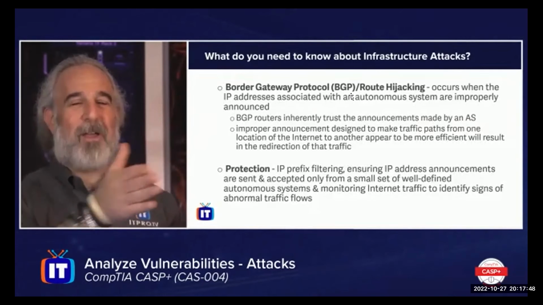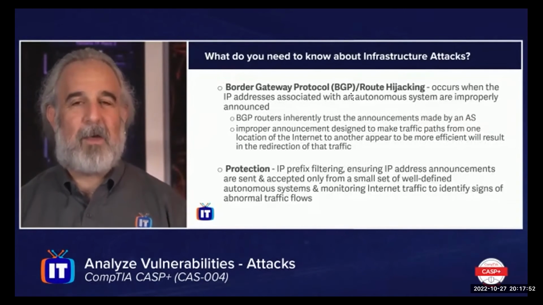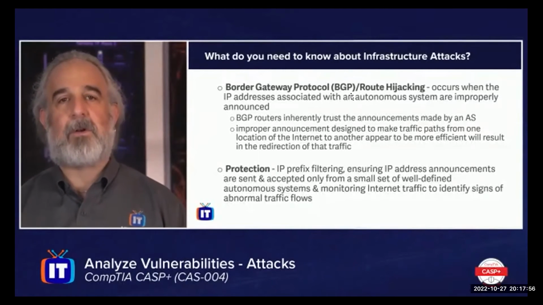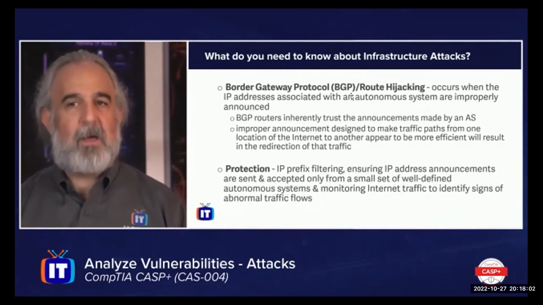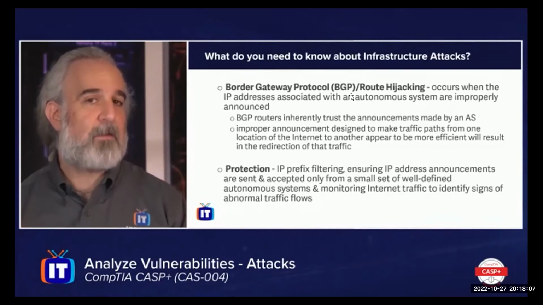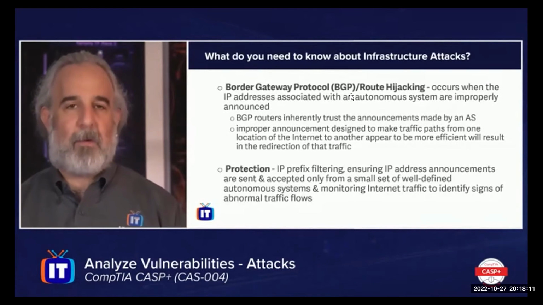And we go all over the place and have all sorts of crazy outcomes because traffic goes off higgledy-piggledy here and there. So IP prefix filtering, which ensures that those announcements are sent and accepted only from well-defined autonomous systems that are trusted, is the best way to prevent this. In other words, let's have a list of trusted sources and let's ignore strangers. This is an ongoing theme that we keep coming back to.